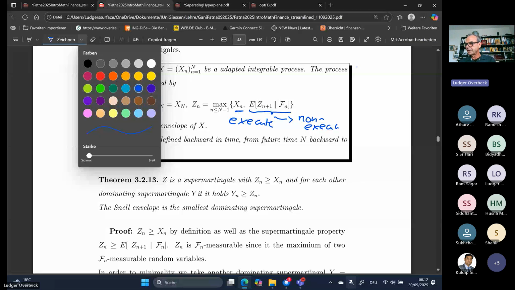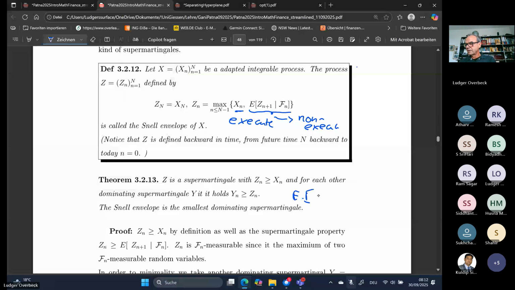Supermartingale means on average decreasing. So the Snell envelope is the smallest dominating supermartingale. And I try to explain why we do this, because we want to figure out the stopping time where we reach the maximum of the path, the payout.